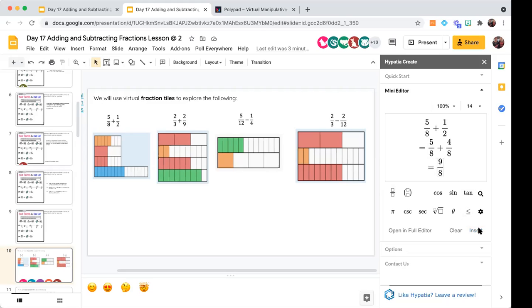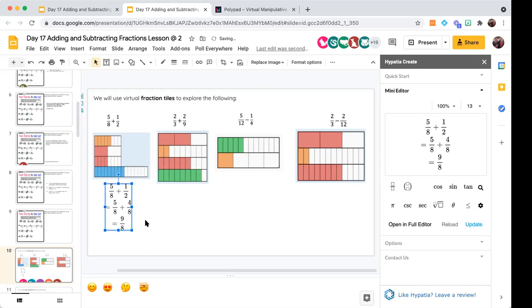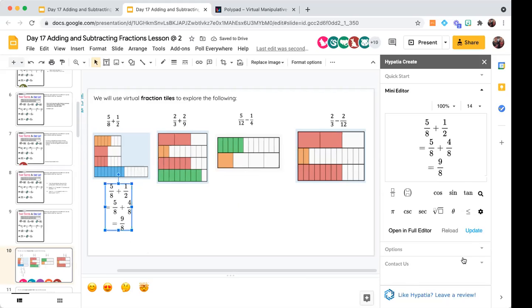And then of course, when we hit insert, what I like about this Hypatia is that it makes it like a picture, so you can drop and drag it wherever you need. You can even alter the size of it right within your slide, which is a really great feature. Now, we could also say that 9/8, when we're looking at the unit, the whole is 8/8.